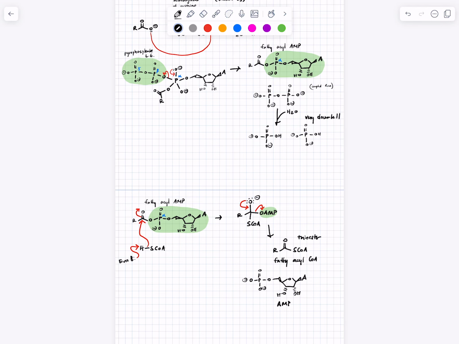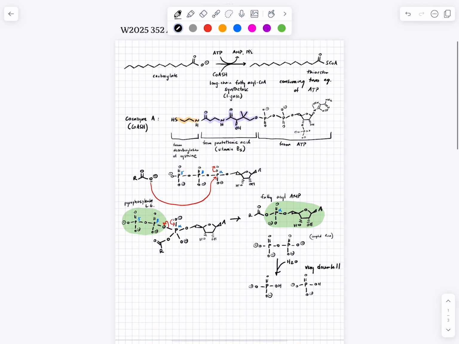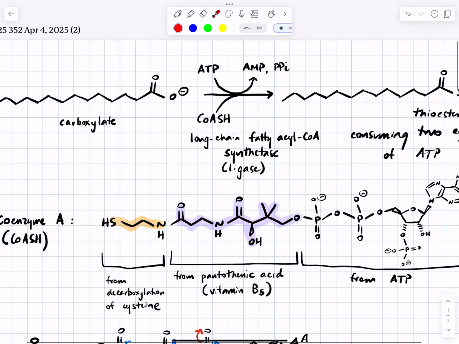As we look at this reaction, it looks as though we're only consuming one molecule of ATP, because we only put one molecule of ATP in. It turns out, as far as metabolism is concerned, we've sort of consumed two. And that's confusing until you look at the details.